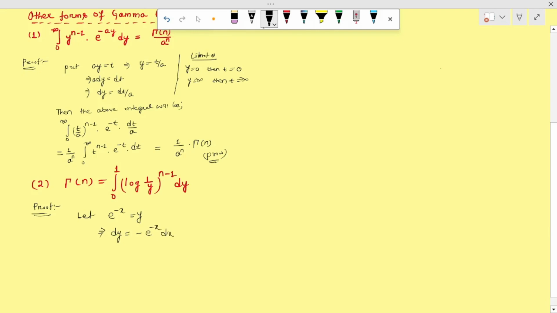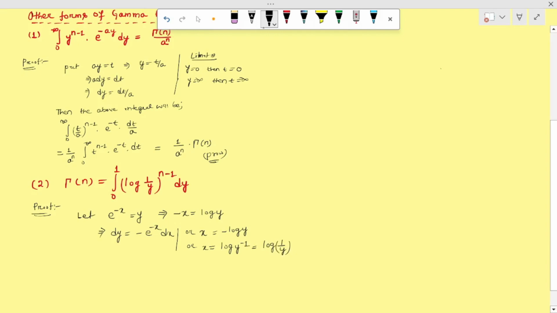And if e to the power minus x equals y, that implies minus x equals log y, or x equals minus log y, or x equals log of y to the power minus 1, that is log 1 by y.